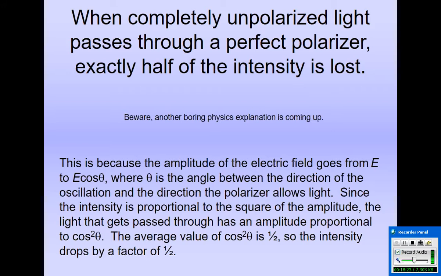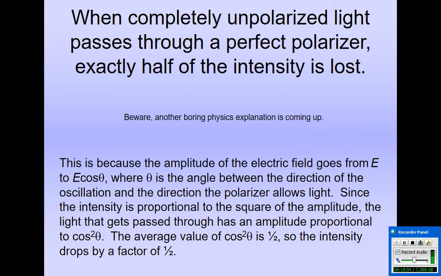It drops off by a factor of 2 because even the component of the electric field that is parallel to the organic molecules drops off. The component that's perpendicular does not drop off. So an electric field that is coming in exactly parallel to the organic molecules gets wiped out. An electric field that is coming in exactly perpendicular to the organic molecules is unfazed.